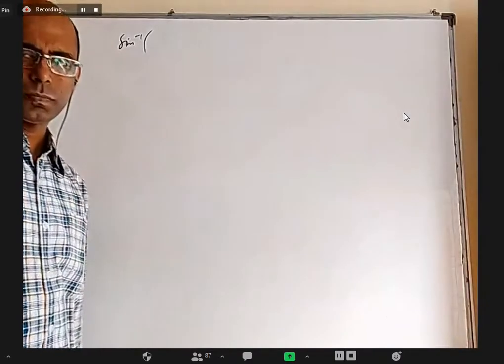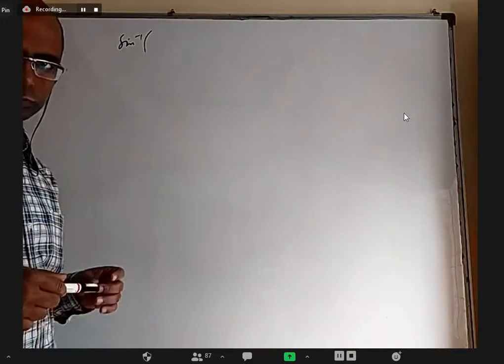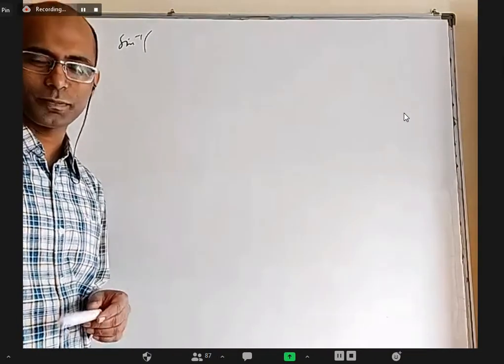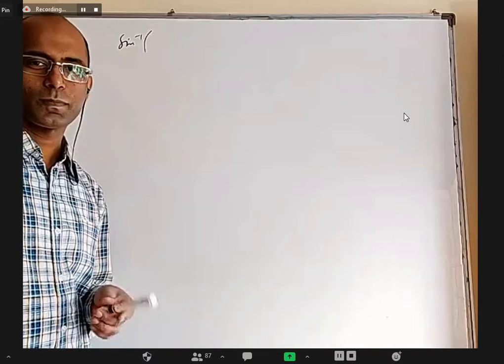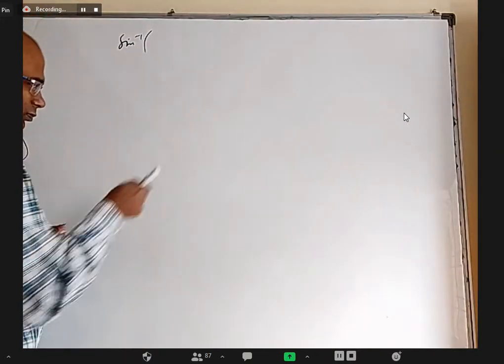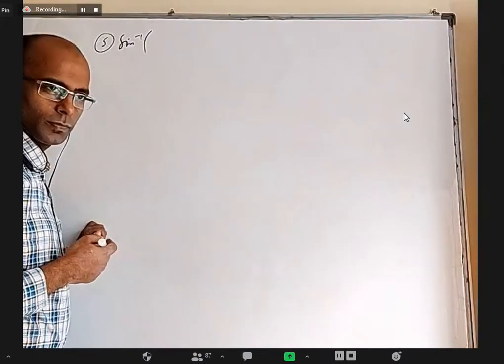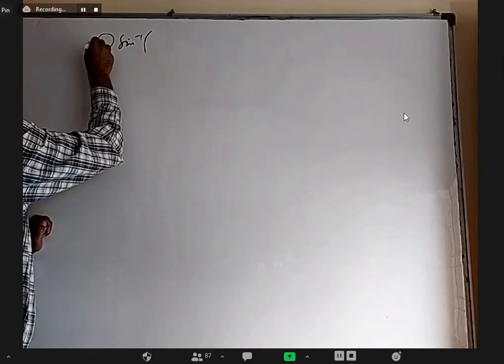x into root over 1 minus y square, plus y into root over 1 minus x square? Yeah. First, I'll go for minus anyway. 1, 2, 3, 4. This is the fifth one I'm doing. What is the number anyway? 14, sir. Yes.